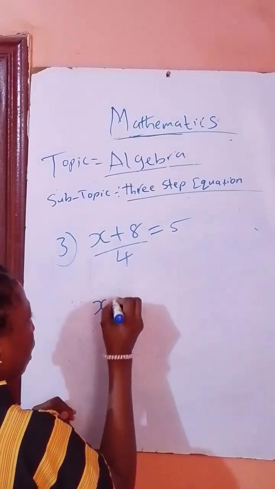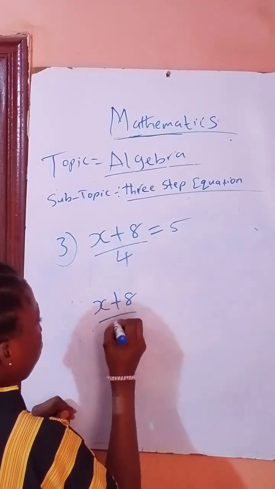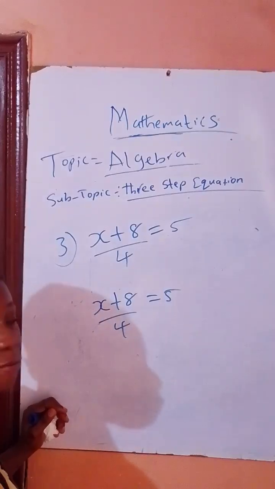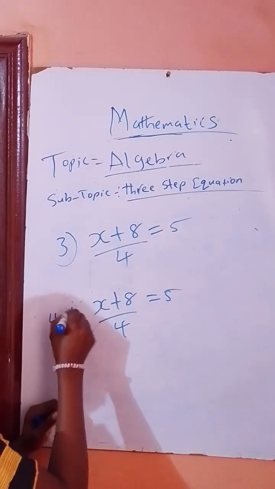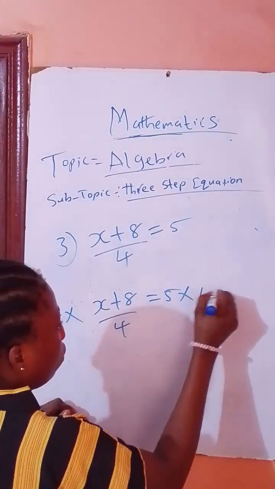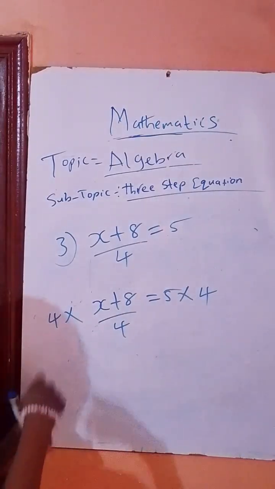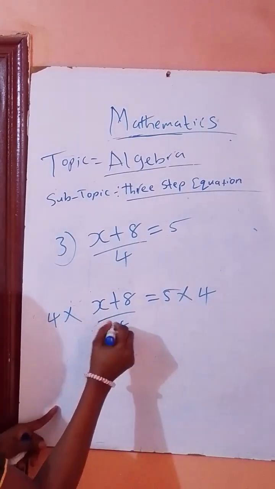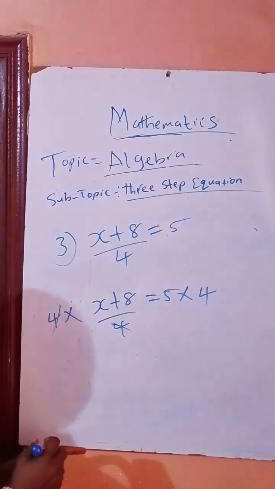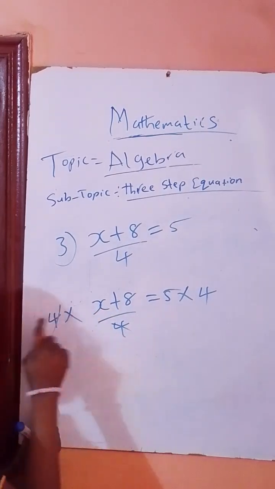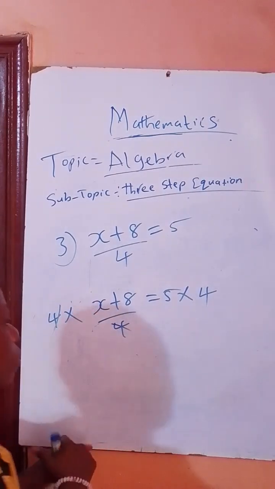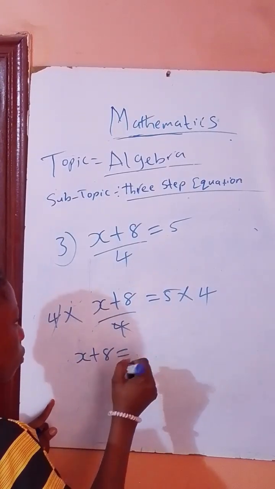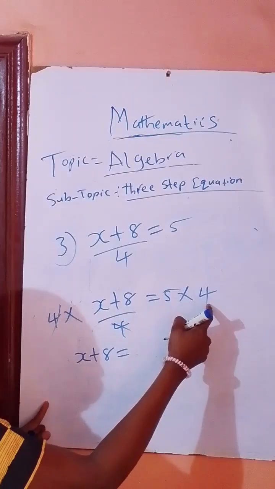X plus 8 over 4 equals 5. We are multiplying both sides by 4. I added 4 here, 4 here. Then this 4 cancels this 4. Bring down your x plus 8 equals 5 times 4, which gives us 20.